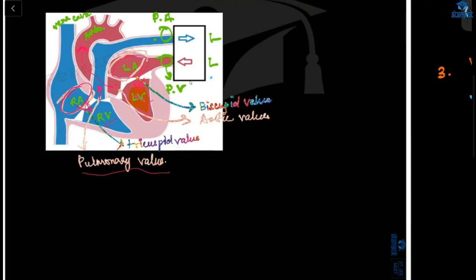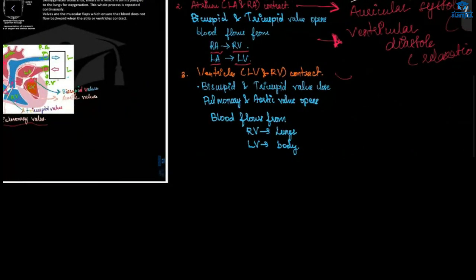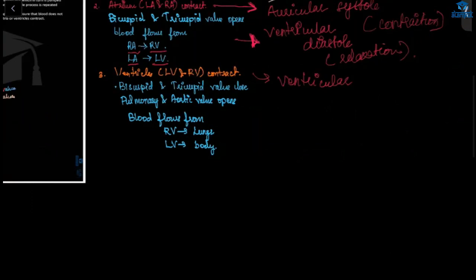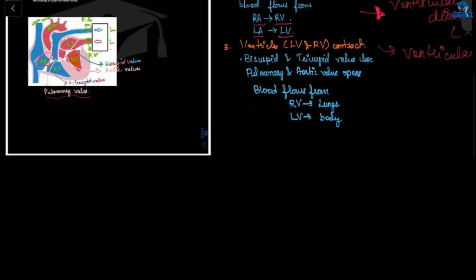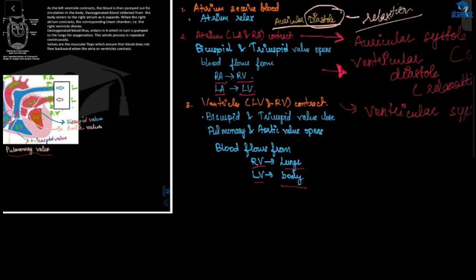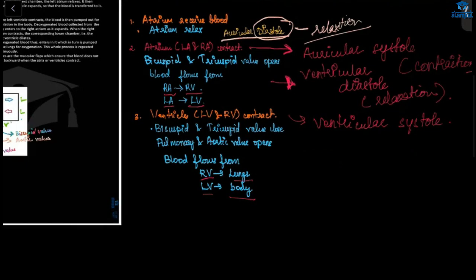Both ventricles will contract, which is ventricular systole. Blood flows from the right ventricle to the lungs and from the left ventricle to the body. This contraction and relaxation causes the heartbeat.